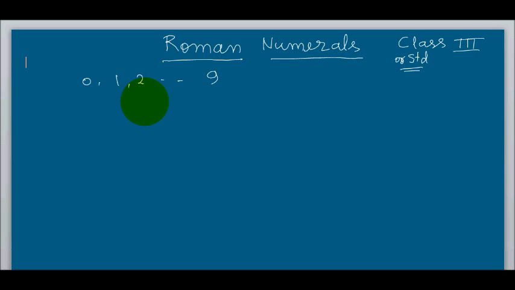But in ancient time, Roman numerals were used. We should learn this numeral system because it will also be used in higher classes for writing number patterns in the question paper.